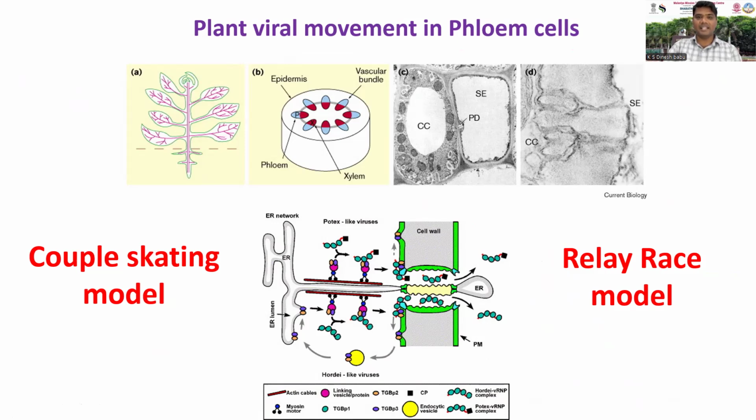The movement protein and the plant viral DNA reach the plasmodesmatal channels, traverse the gap, and reach the new healthy cell. There, this complex again dissociates and the viral DNA is surrendered to a new coat protein, and the coat protein enters the cell nucleus and the pathogenesis starts. This is the case of the relay race model.